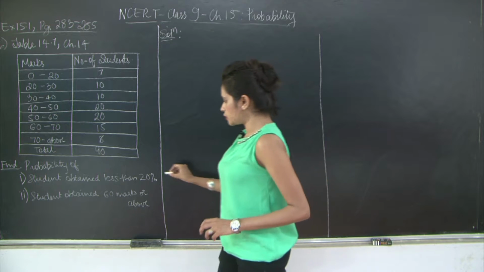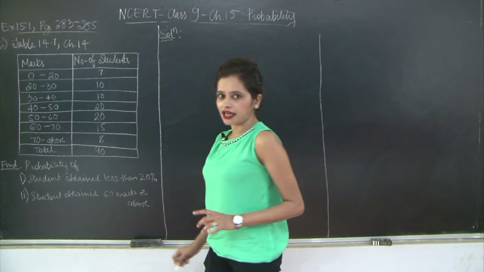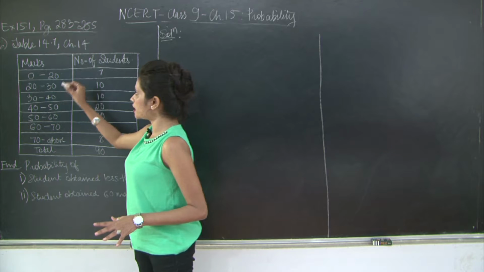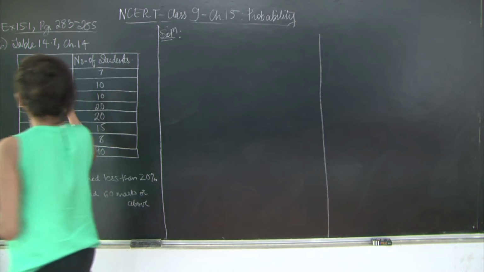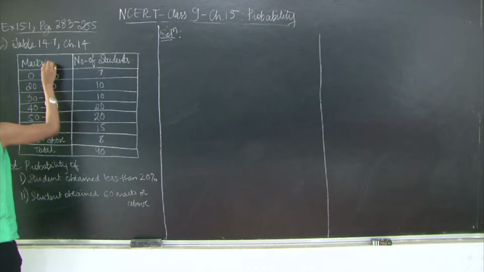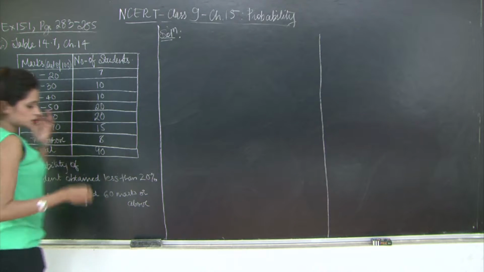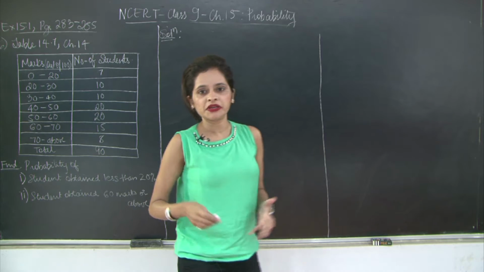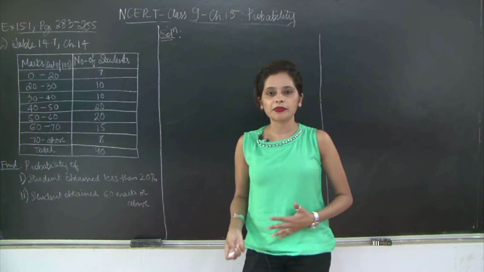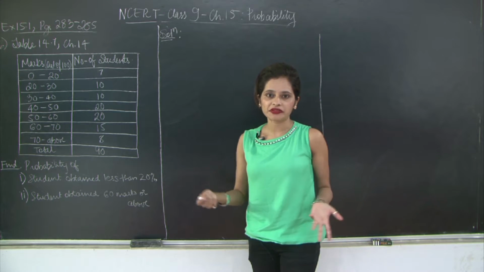You must be wondering, why do we have a percent? Since we have the marks out of 100, let me just write it over here. This is out of 100. So 1 out of 100 is 1%, 20 out of 100 is 20%. We know that, right?